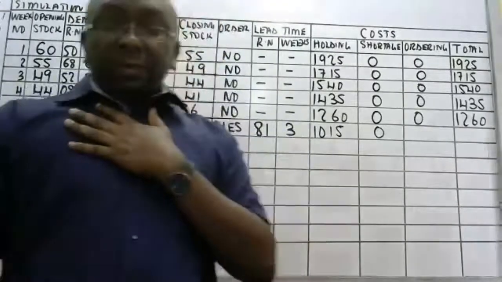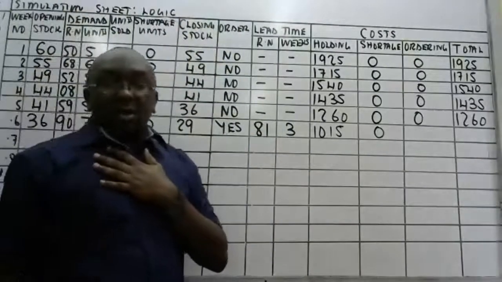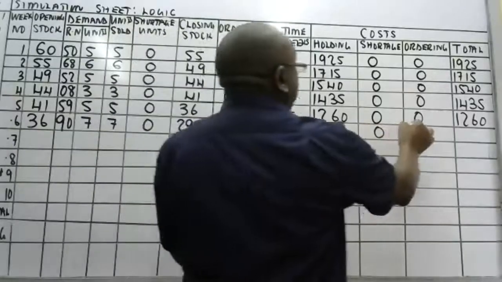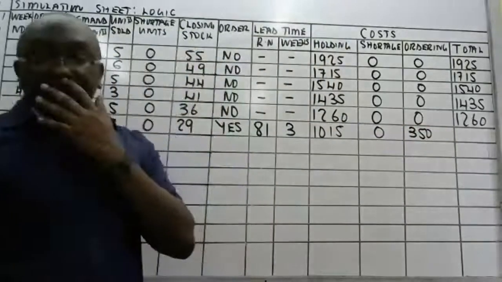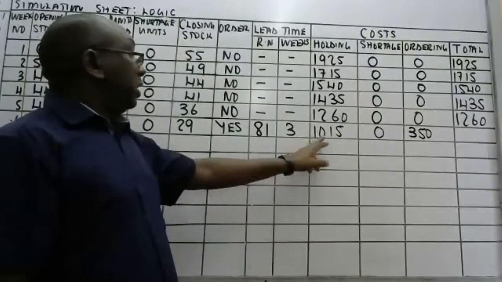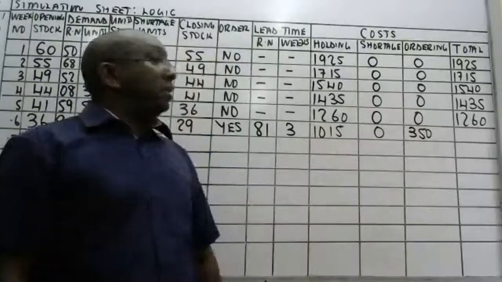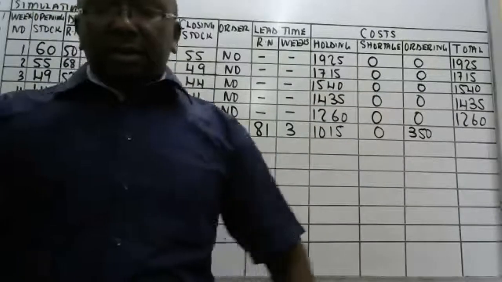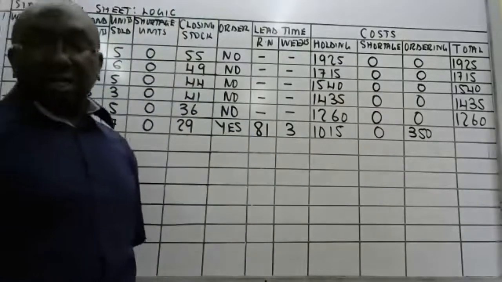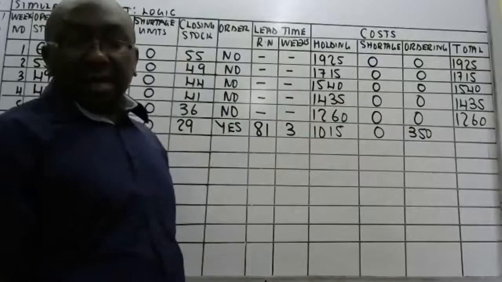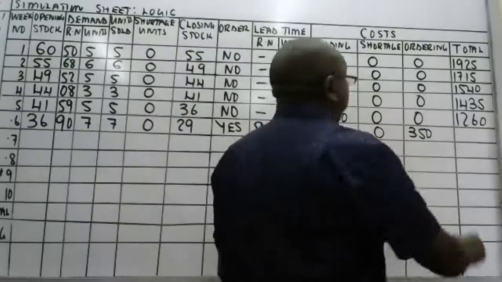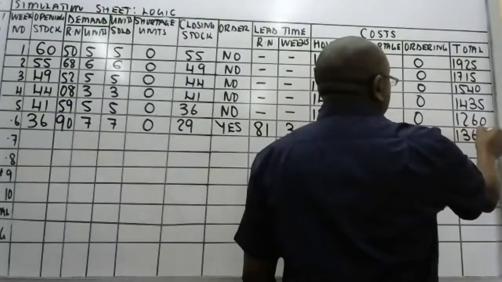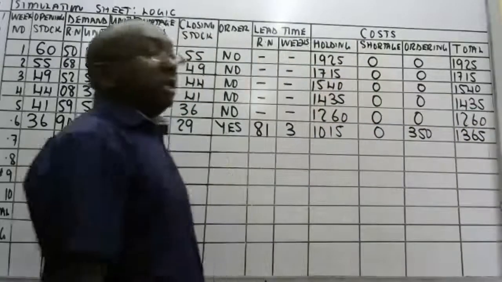If you look at information 3, the ordering cost is 350. So add these 2, the holding plus the ordering, so that I get the total. That is 1365. Good.